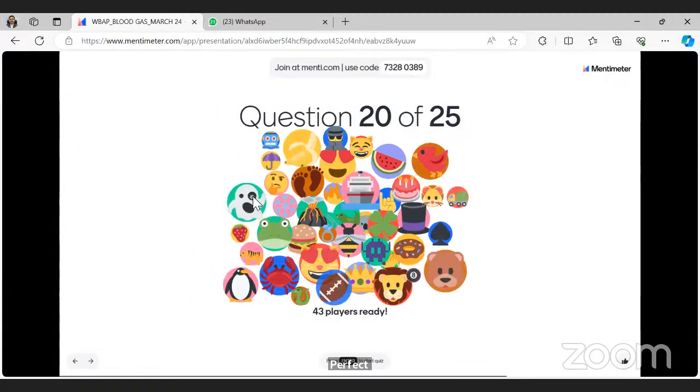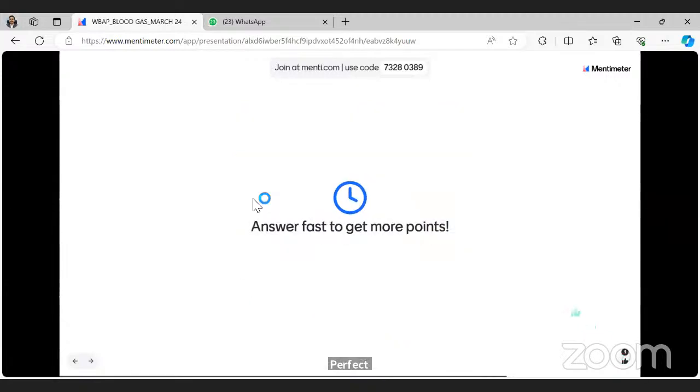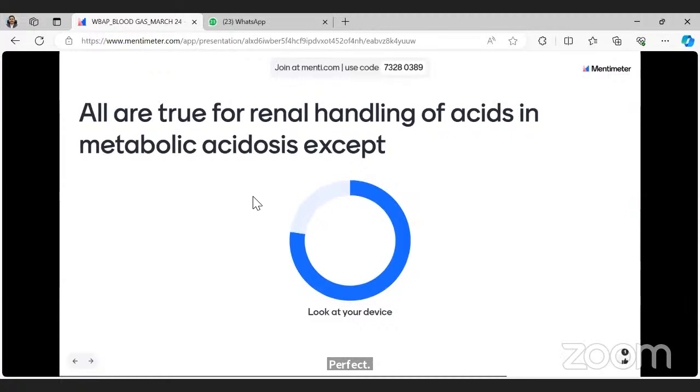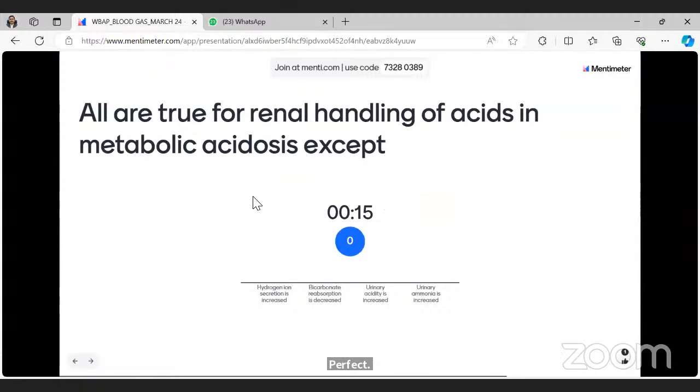Perfect. All are true for renal handling of acids in metabolic acidosis. Excellent.